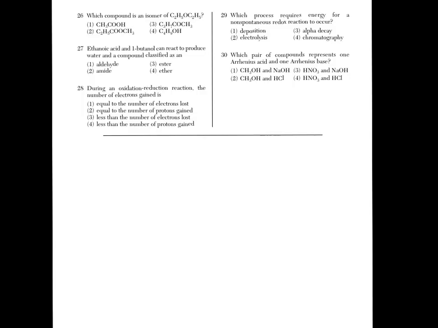Okay, number 29, which compound is an isomer? So we have to think with isomers, same composition, just different arrangement. Different structure, different arrangement.